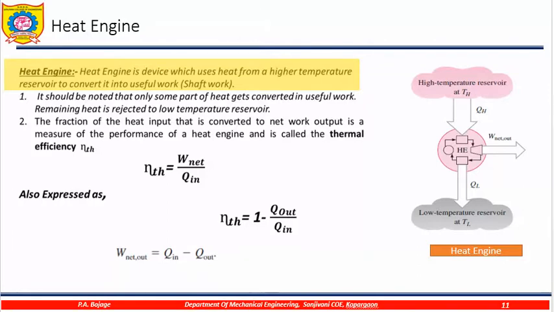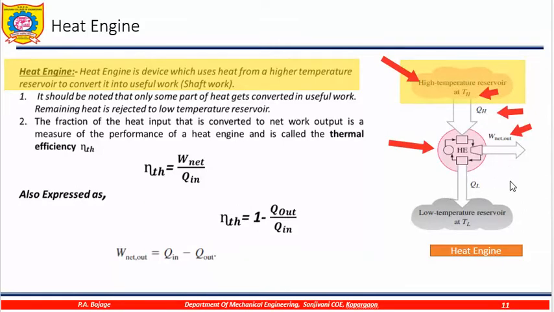Here you can see in this diagram the higher temperature reservoir, that is TH. This is a heat engine working on a cyclic process, or on a cycle, and it converts this heat input QH into useful work, that is W output. But please remember that complete heat is not getting converted into work done.